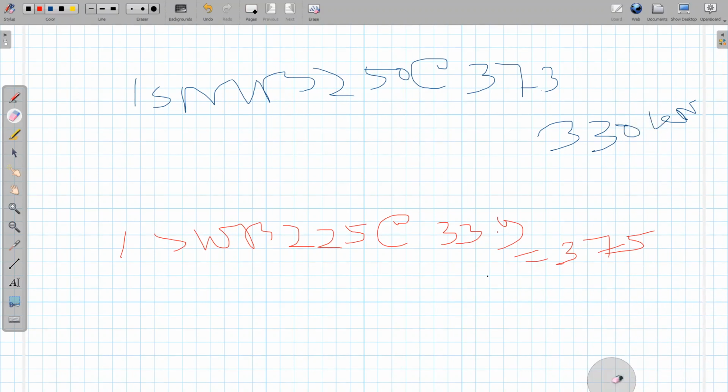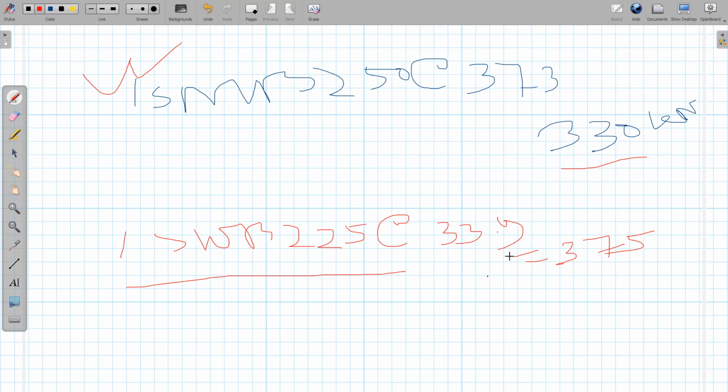Both cases the value is more than 330. In the first case, that is ISMB 225, the load was 231 kilonewton. That was less than 330, so that is automatically rejected. Now in these cases, both are satisfying. To save our time, we had taken this value first. It is satisfied, but there are still some other sections whose area is less, or say unit weight is less.